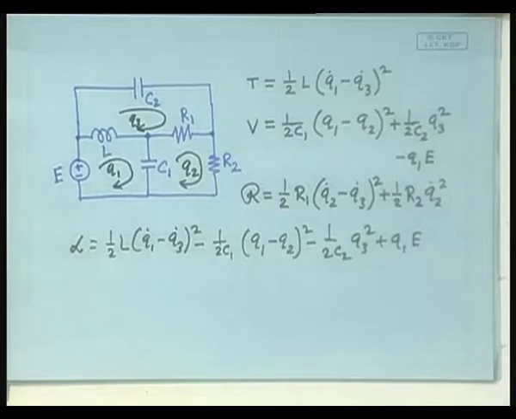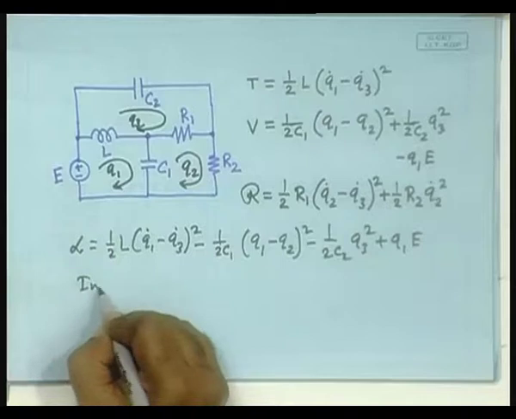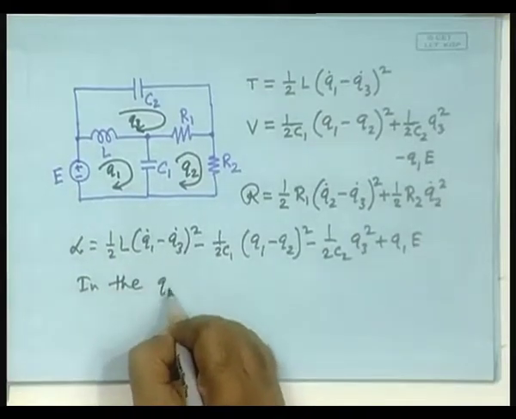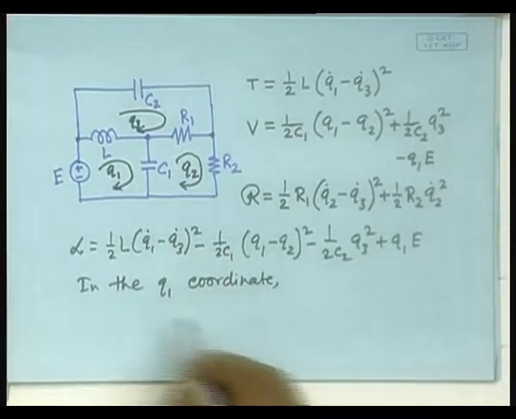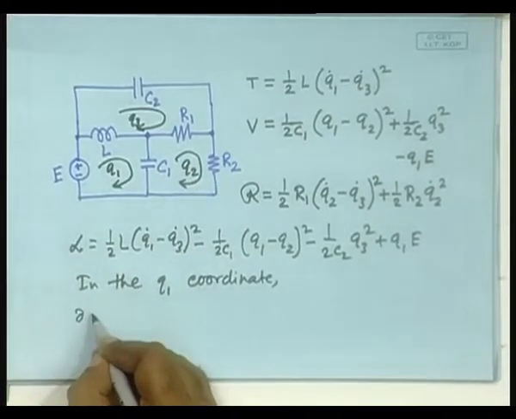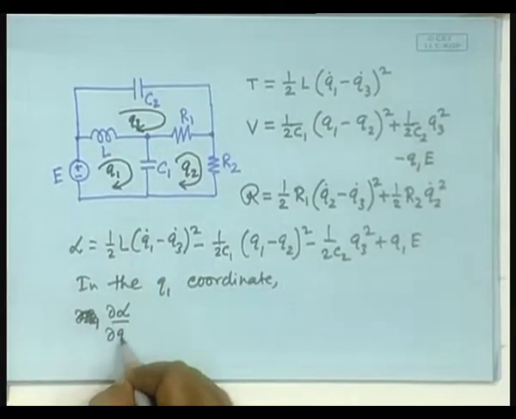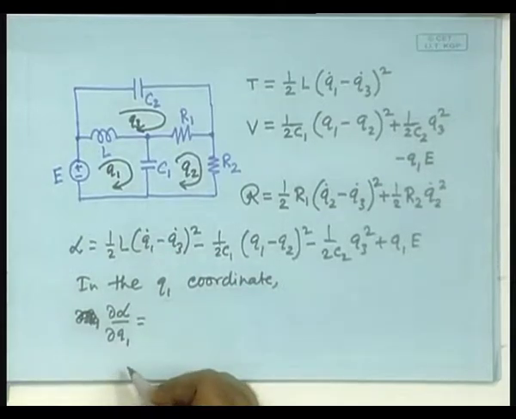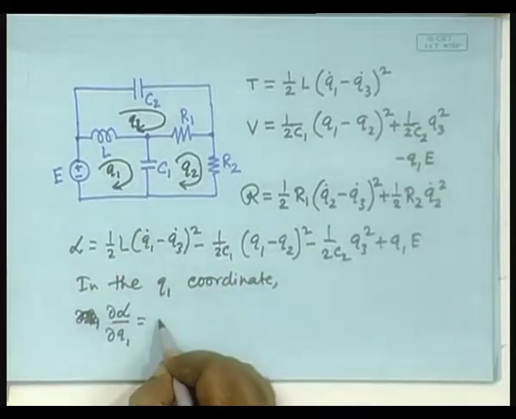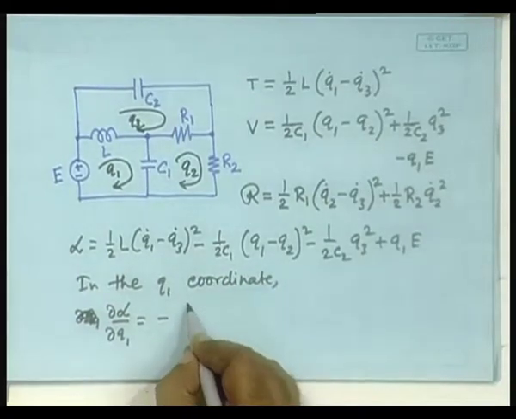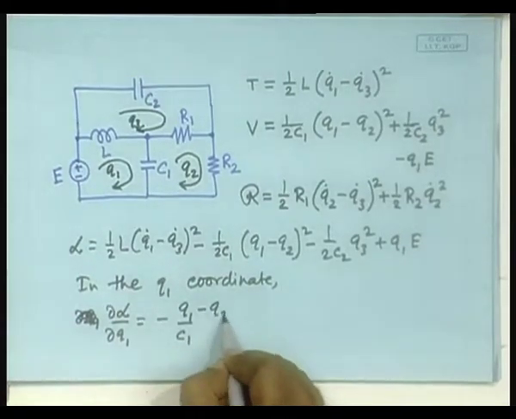So, the first direction, Q1. In the Q1 coordinate, what do you have? Minus (Q1 minus Q2) by C1.